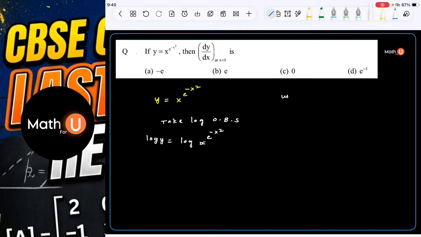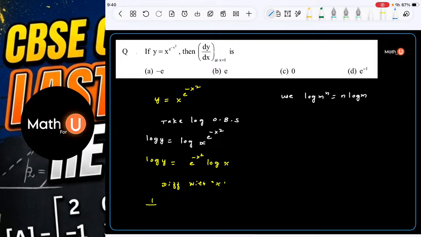We know this formula, log of m raised to power of n is equal to n into log m. Apply this formula, we get log y is equal to e raised to power of minus x square log x. Then differentiate with respect to x.